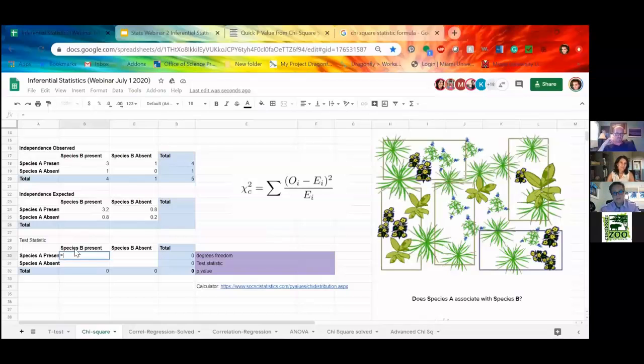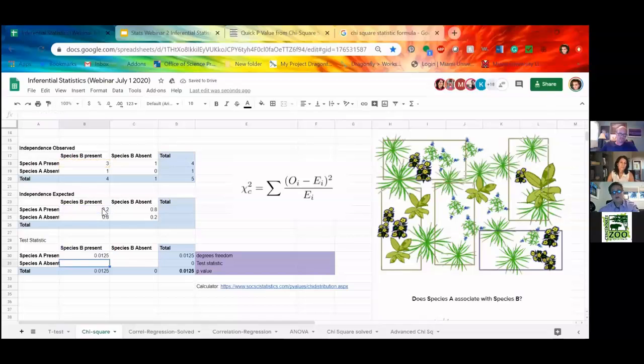We need the parentheses because order of operations is happening. So we're going to do the observed value, which was 3, minus the expected value, which was 3.2. I'm going to use the caret, which is shift 6, to square it. And then I'm going to divide that by the expected value again, which is that same box.